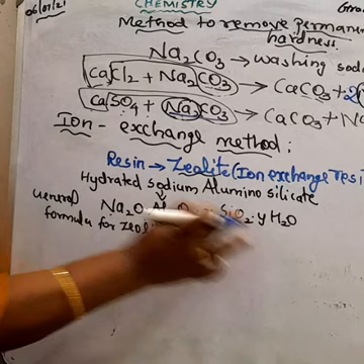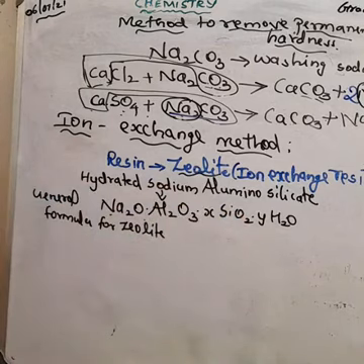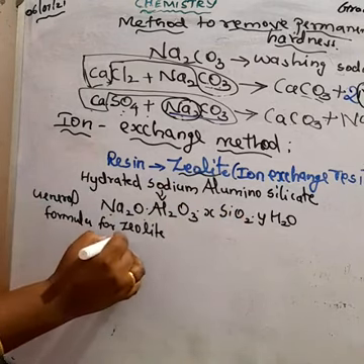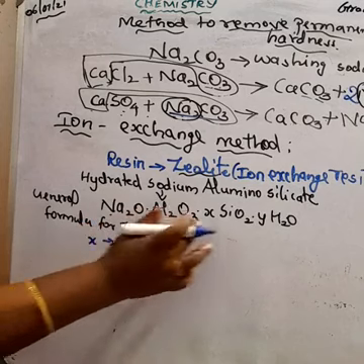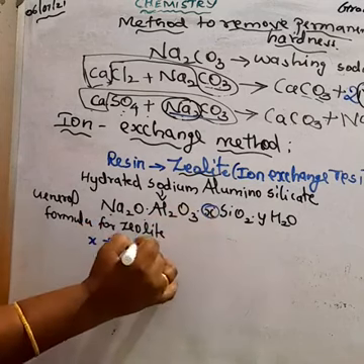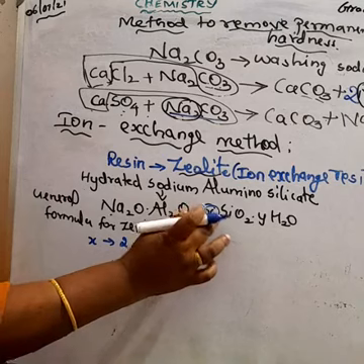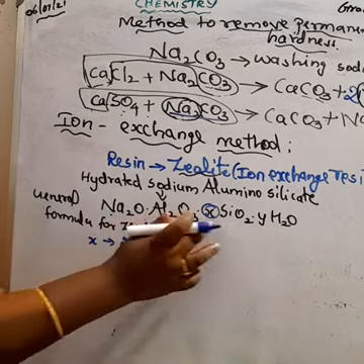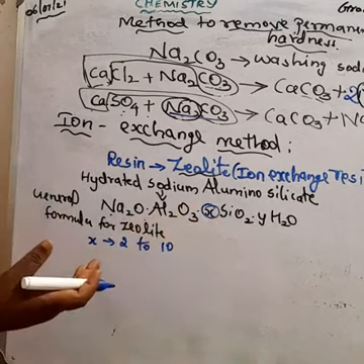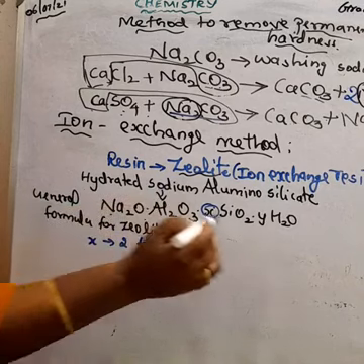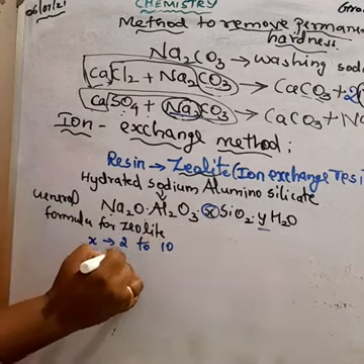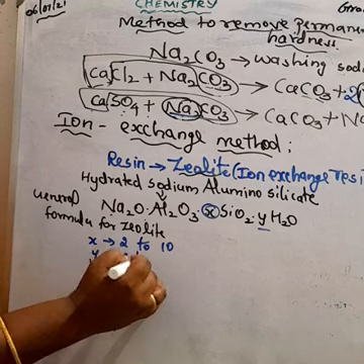Here X means the number of molecules, maybe 2 to 10 molecules. But Y means the number of water molecules, here 2 to 6 molecules, up to 6 molecules we can use here.